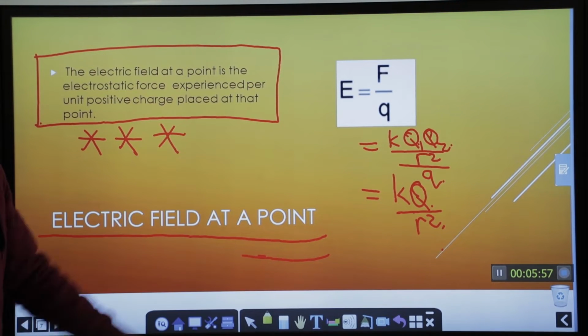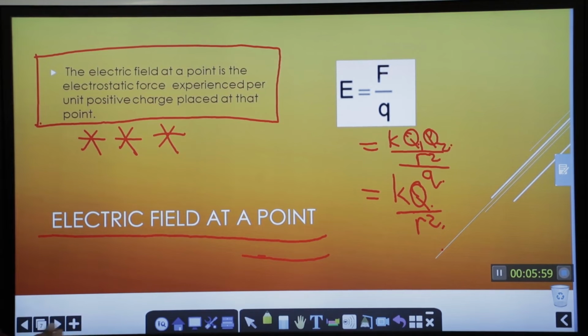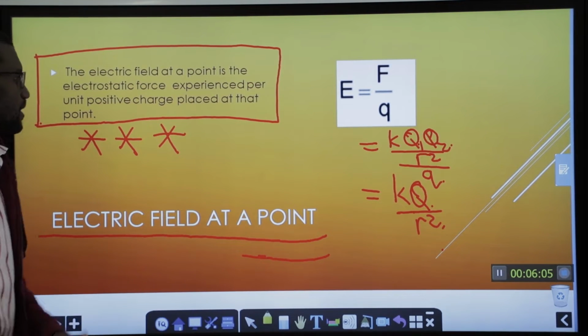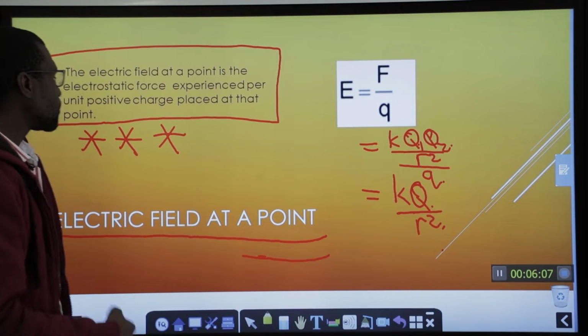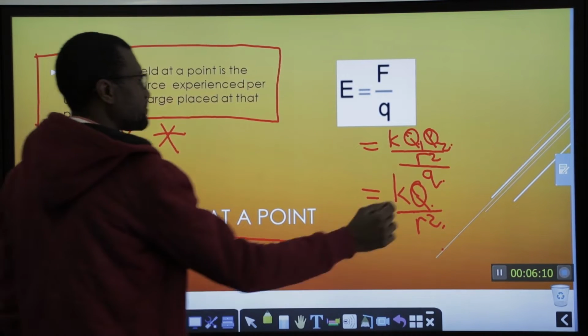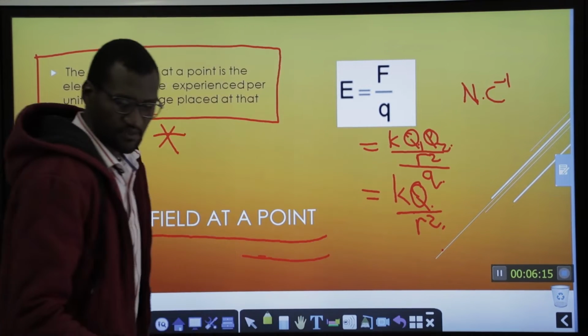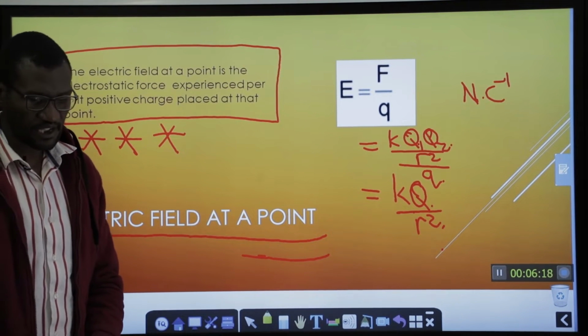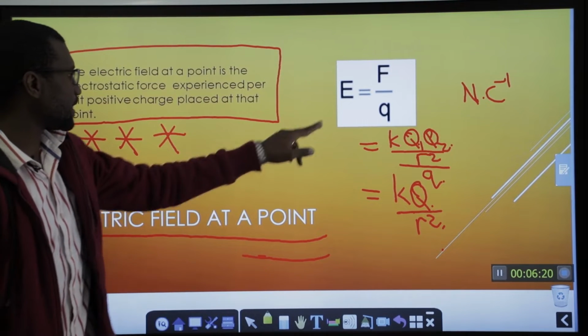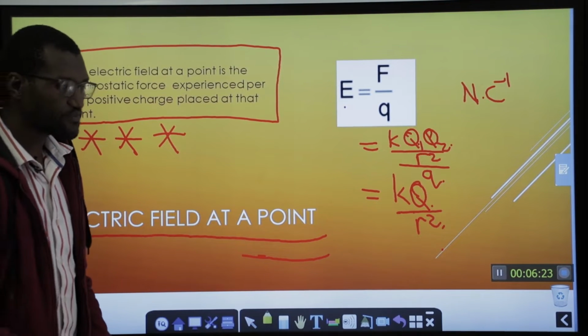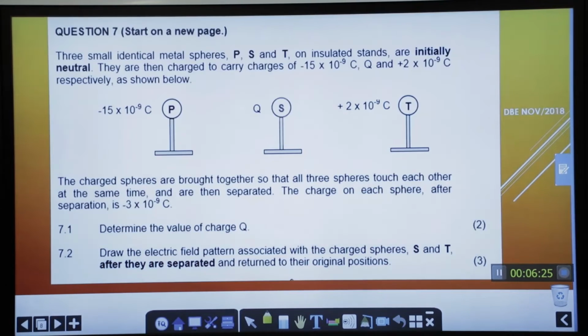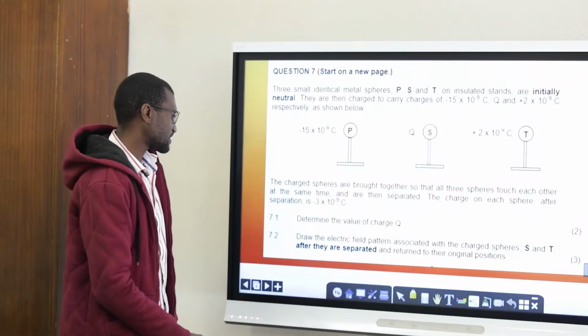You find this equation at the back of your exam paper each time that you're writing a Paper 1 question. And please master them, know what they mean, and how we write out the units. The units are newton per coulomb. That is the unit that we use in our calculation when we look for the value of E. Now, having said that, it is imperative for us to start looking at some questions involving calculations.